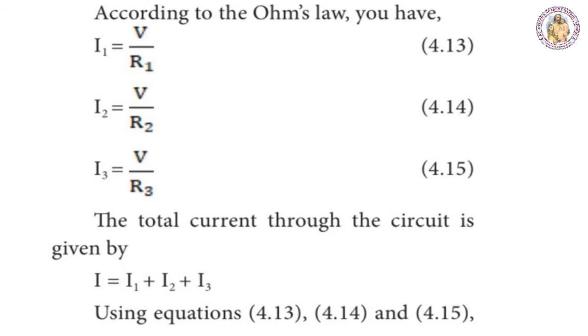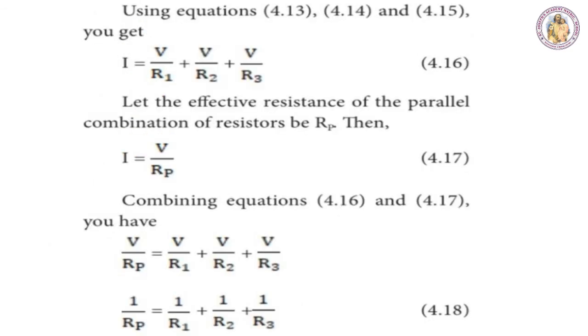Using equation 3, we get I is equal to V by R1 plus V by R2 plus V by R3. Let the effective resistance of the parallel combination of resistors be Rp. Then I is equal to V by Rp.